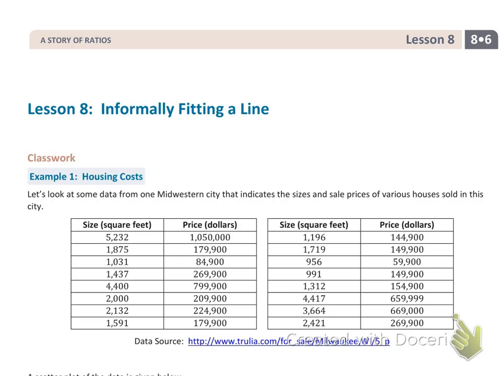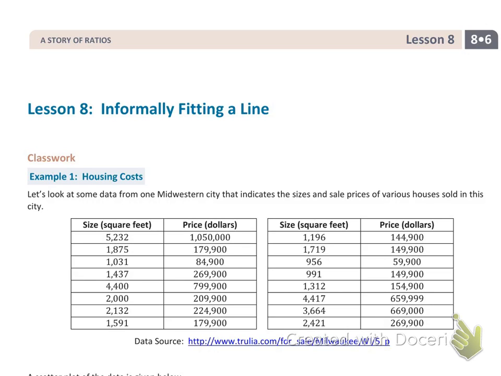Okay, so our first example is housing costs. And here's some data from the Midwest. And it tries to look at the correlation between the size in square feet of a house and the price of the house in dollars. So looking at this table, we can kind of begin to see a correlation.